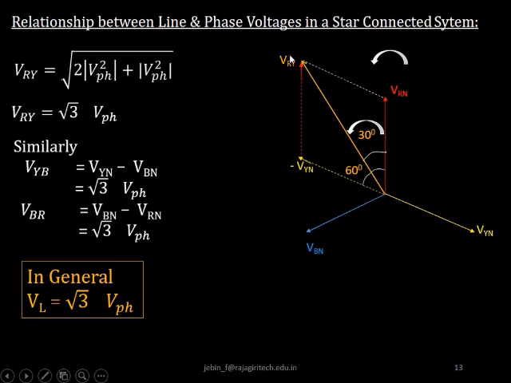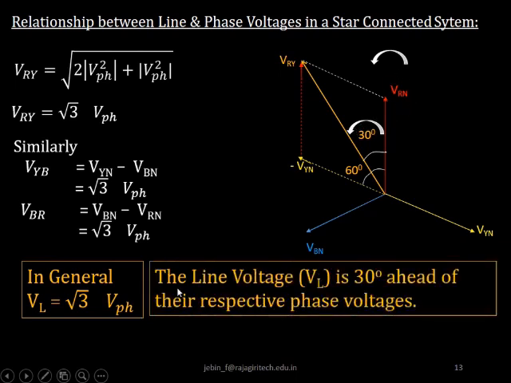So if I were to find the angular measurement of VRY with respect to VRN, I can say that my VRY is 30 degrees ahead of VRN, which means that my line voltage is 30 degrees ahead of their respective phase voltage. The line voltage is 30 degrees ahead of their respective phase voltage.